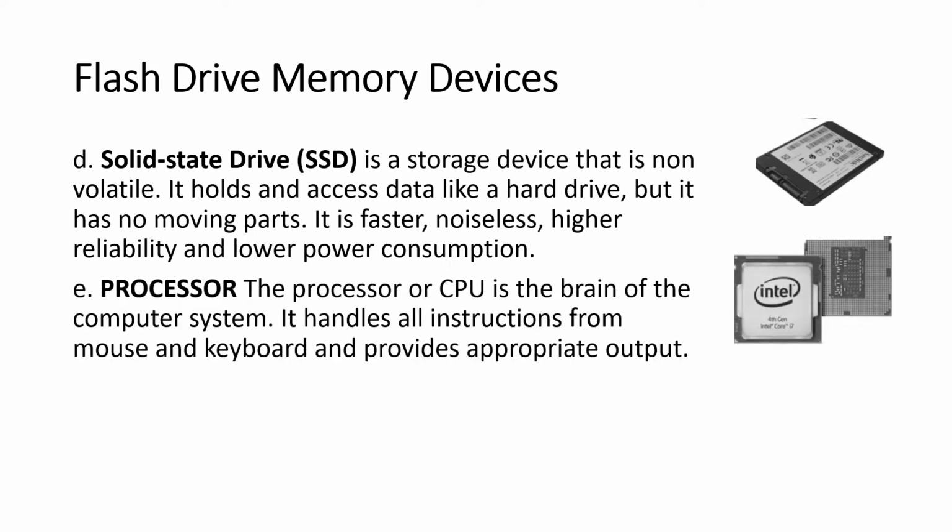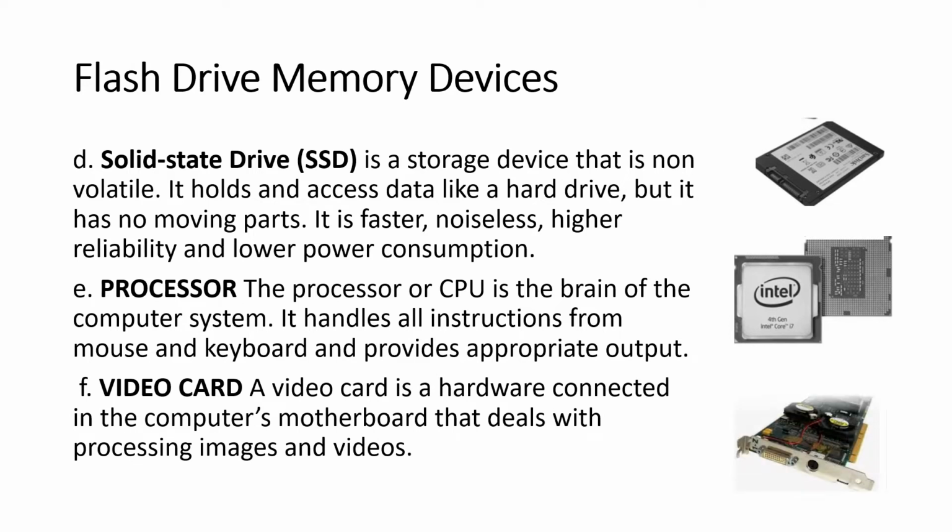Processor, or CPU, is the brain of the computer system. It handles all instructions from mouse and keyboard and provides appropriate output. Video card. A video card is hardware connected in a computer's motherboard that deals with processing images and videos.